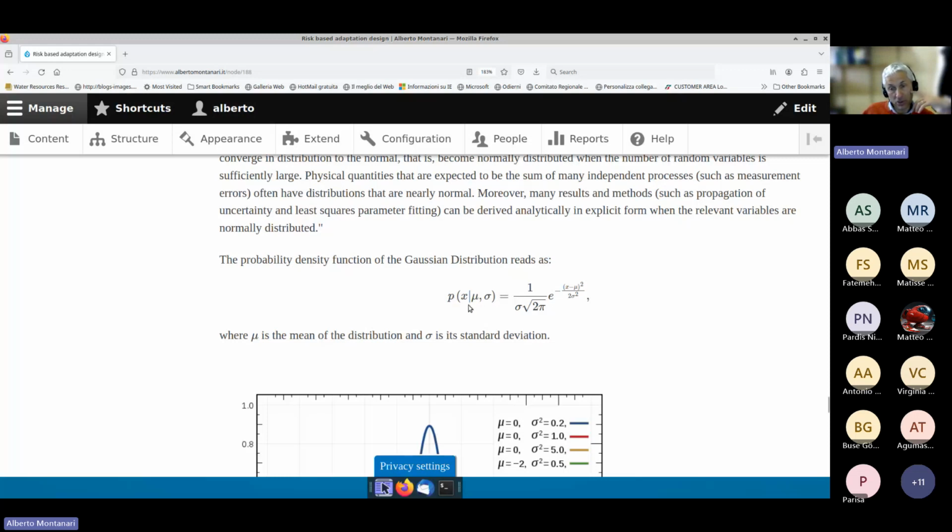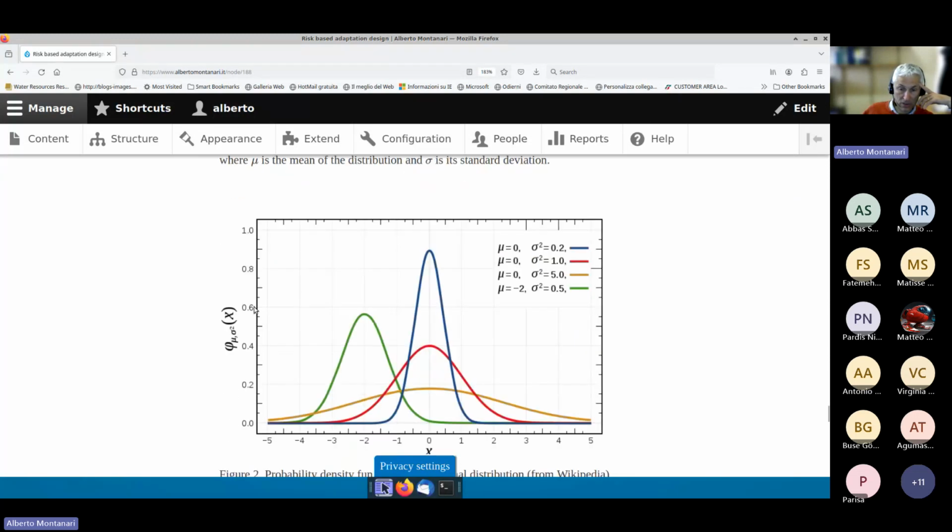So most distributions have parameters because this allows you to adapt the probability distribution to your data. In the normal distribution, the two parameters are the mean and the standard deviation. Please read here, everything is explained: what the standard deviation is, what the mean is.